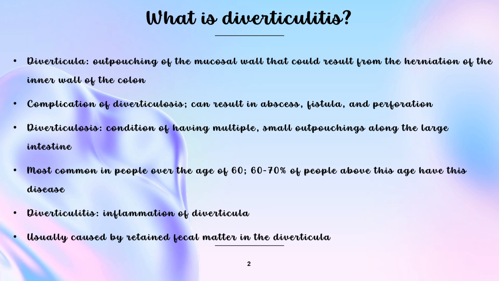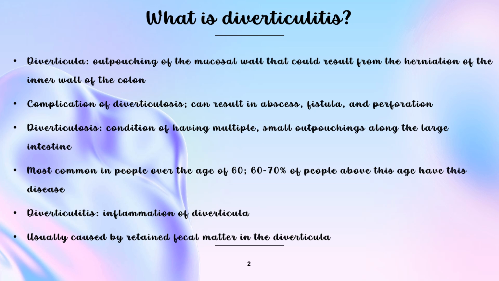This is more common in people over the age of 60, because diverticulosis does increase with age. It's very rare in people who are younger than 30. Diverticulosis occurs if you're having to exert yourself while trying to pass a bowel movement.